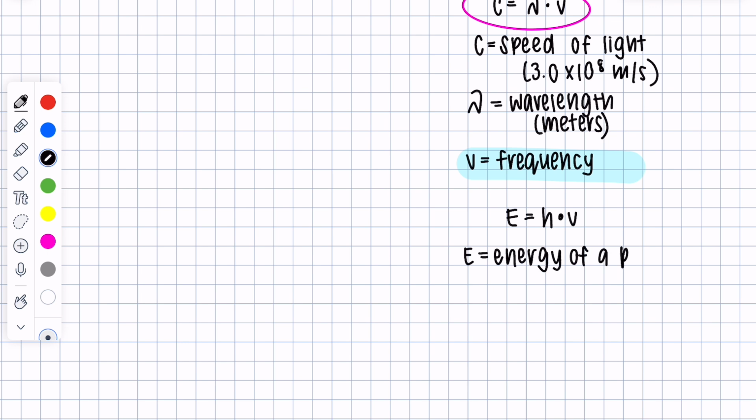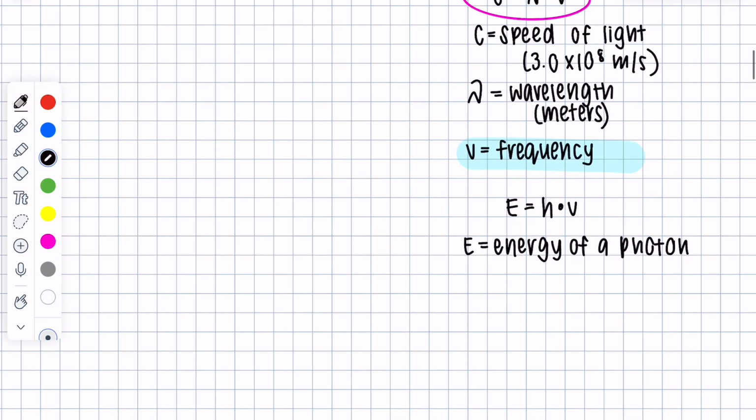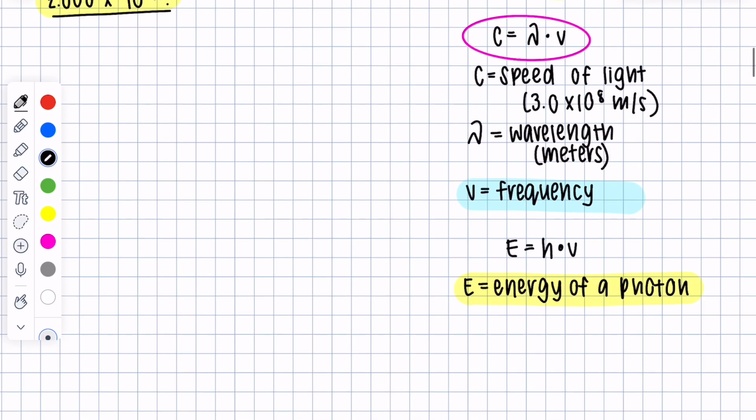That is also involved in this problem, as we can see, that we have a photon having energy, this number. This is our energy of the photon. So, okay, we've established that. Let me highlight this in yellow just so we can correspond those two things.